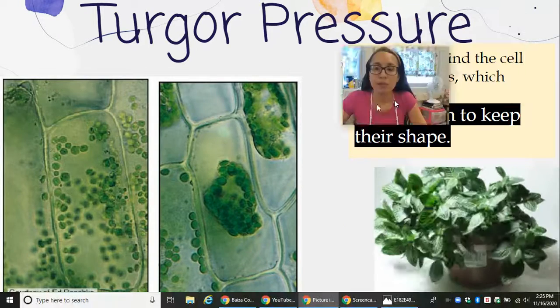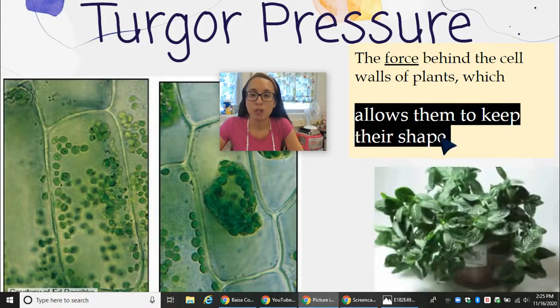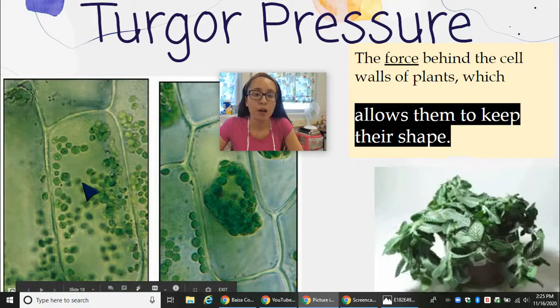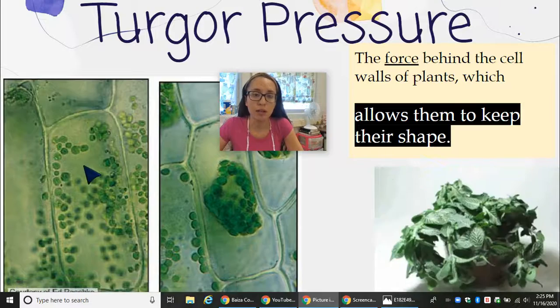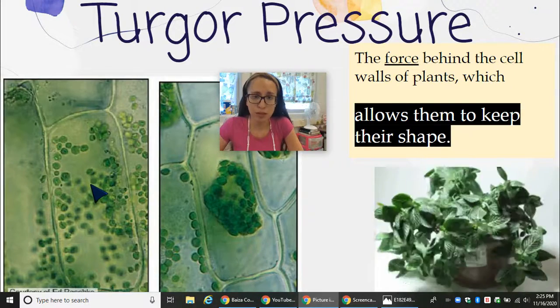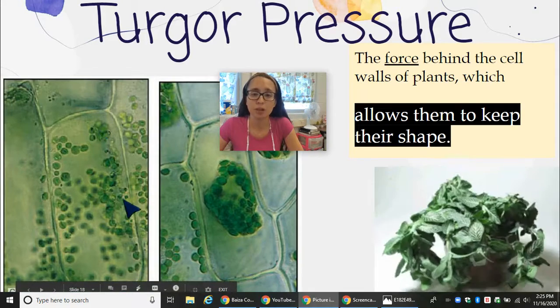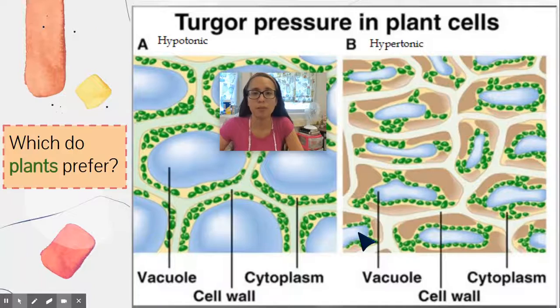And then if you remember what we learned about turgor pressure, it's the force behind the cell walls of plants, which allows them to keep their shape. So the force comes from the water filled into the vacuole of the plant cell. And the vacuole fills up with water and presses up against the cell wall. This provides turgor pressure, which causes the plant to be structured and happy and healthy.